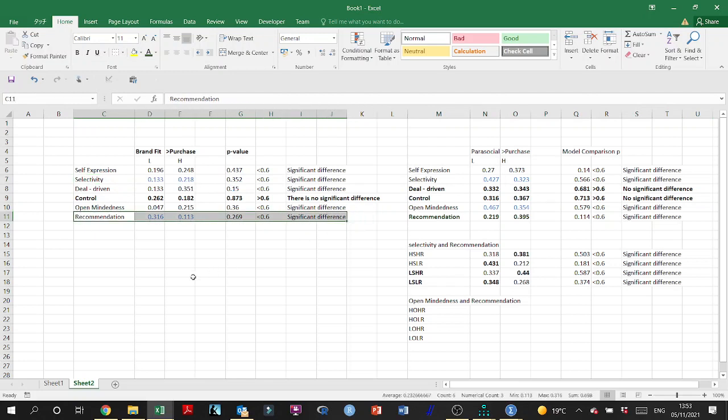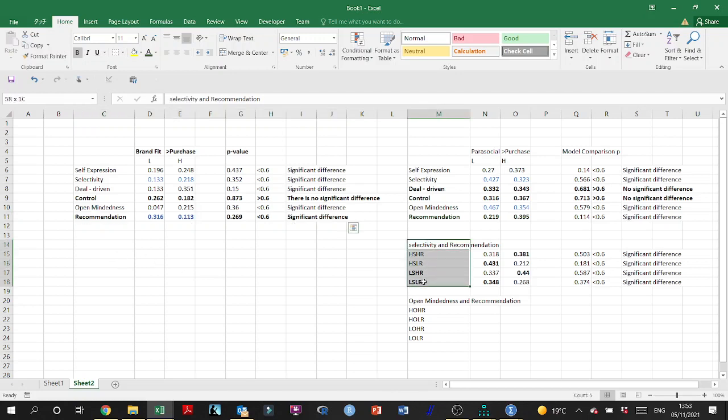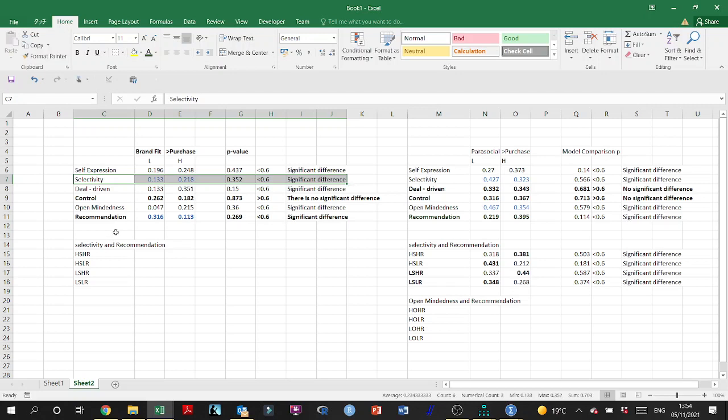So again, over here, I'm also going to study the same as here, but on this model. I'm going to study how these combinations are different, recommendation and selectivity. And that will be it, because here the recommendation is reversed.